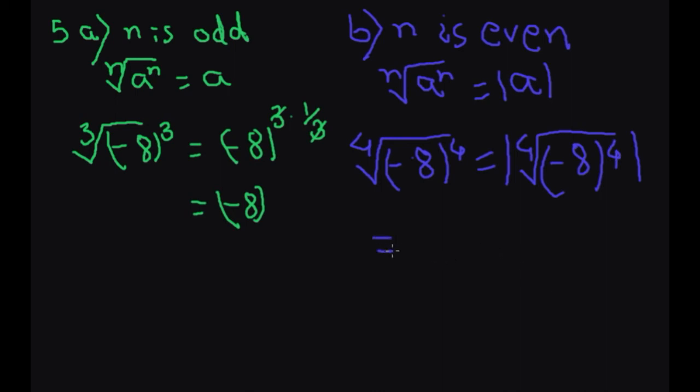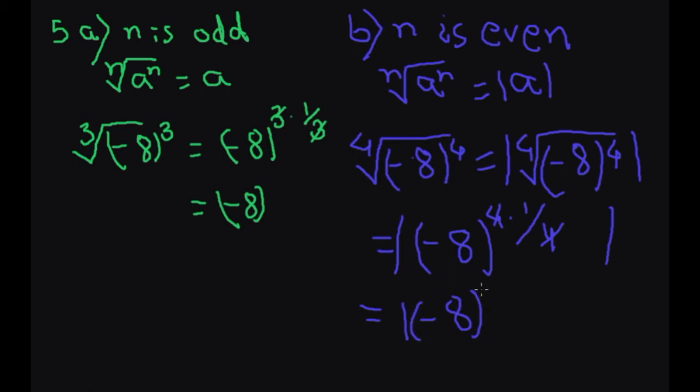Now we will solve this problem under the bar only, because this bar has a very big importance in this question. Minus 8 to the power 4 into 1 by 4. We will write again bar minus 8 bar. Now we can write this is equal to 8.